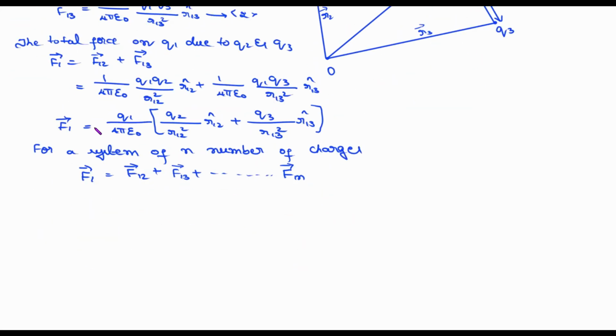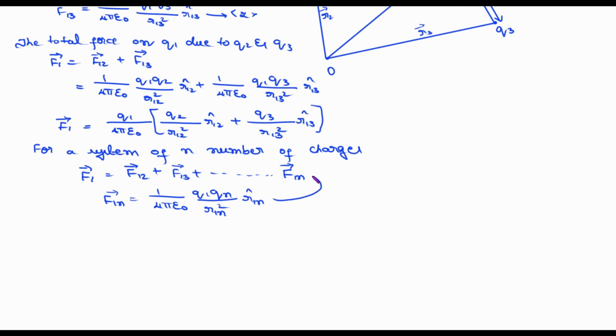F1n we can write as 1 divided by 4 pi epsilon naught Q1 Qn divided by R1n square R1n cap.